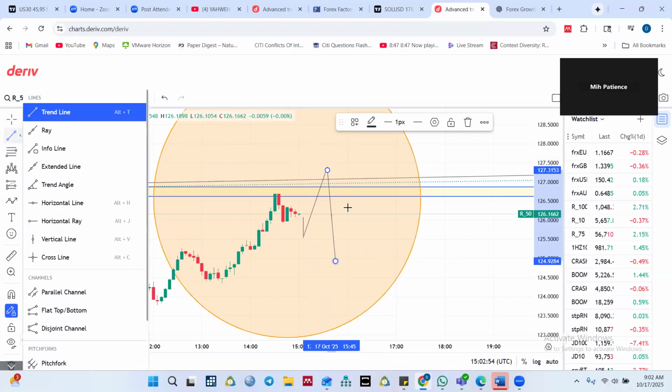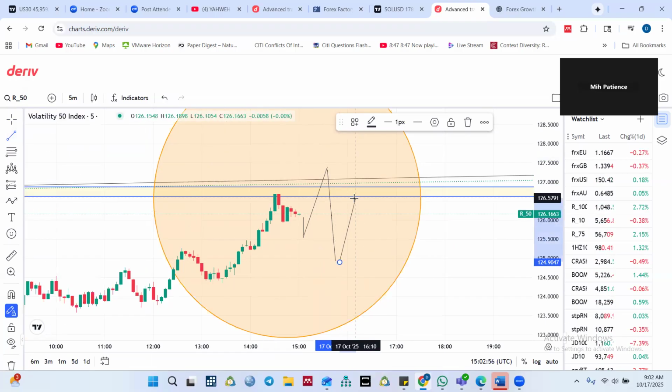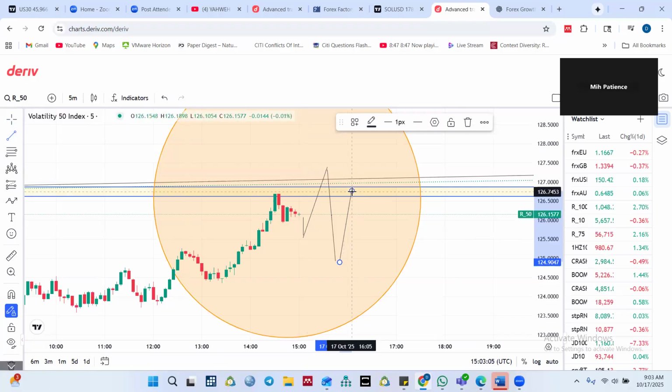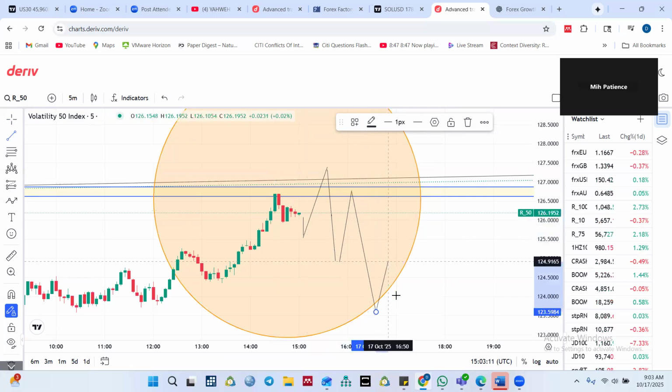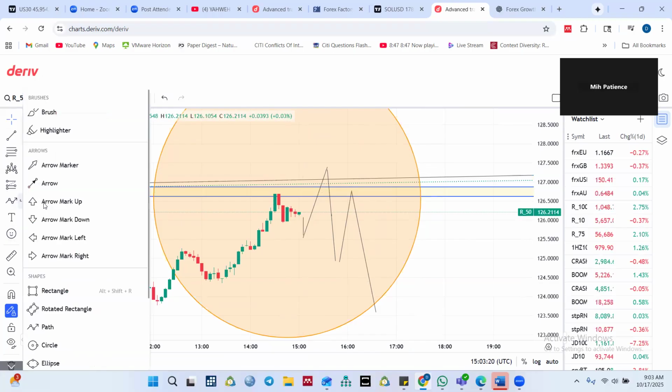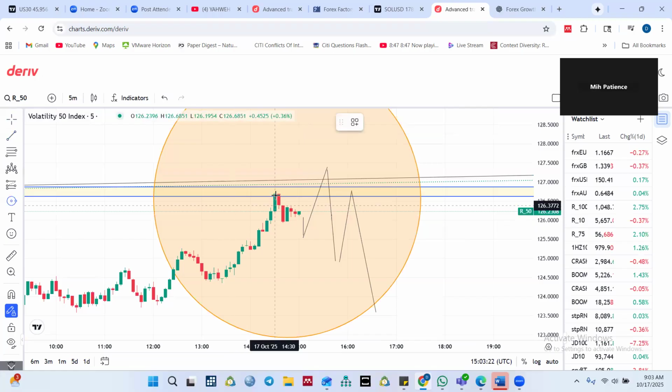We still come down to break this low. This is the only way we are going, and then we pull back up and we fail to go above. Then we can now have a sell. We have to see something like this. With the current pattern, this is not a bearish pattern.